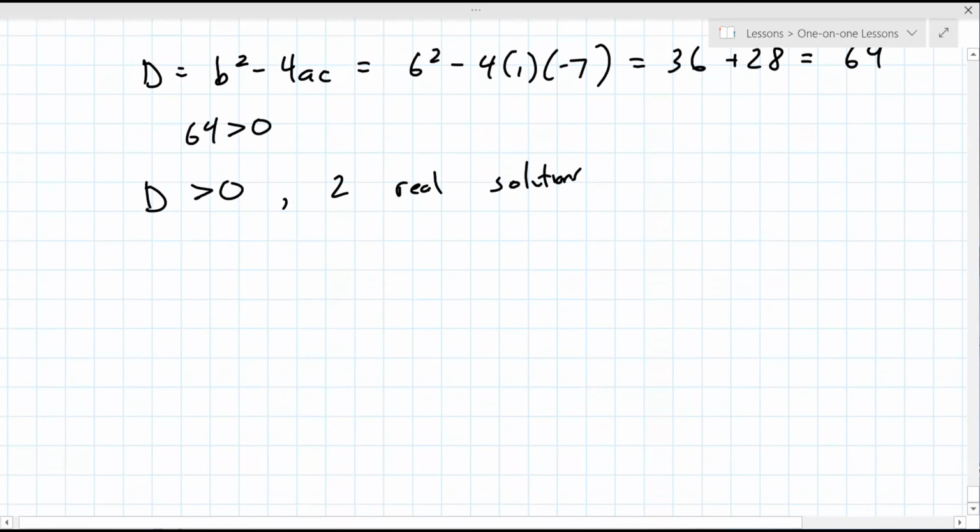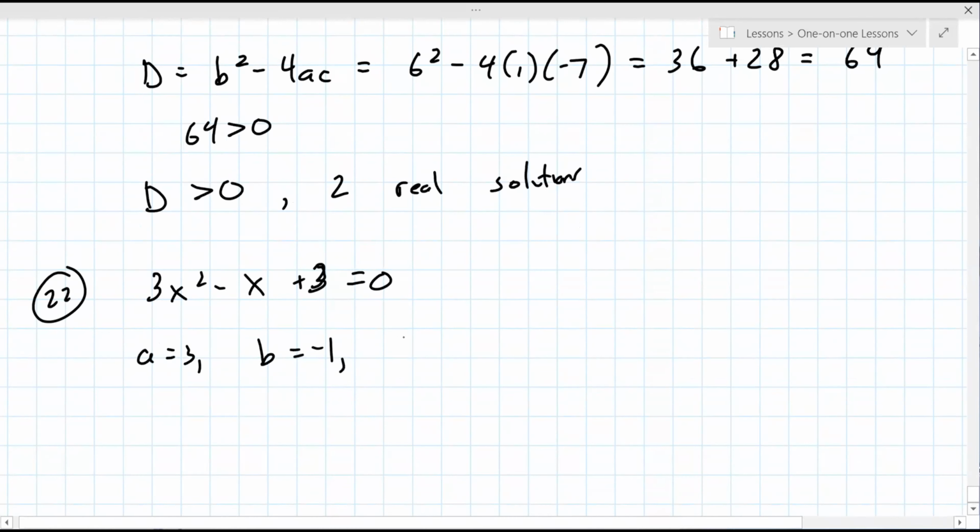Okay. Let's look at 22. 22 says 3x squared minus x plus 3 equals 0. a equals 3, b equals -1, c equals 3. I'd like you to find the value of the discriminant, please.